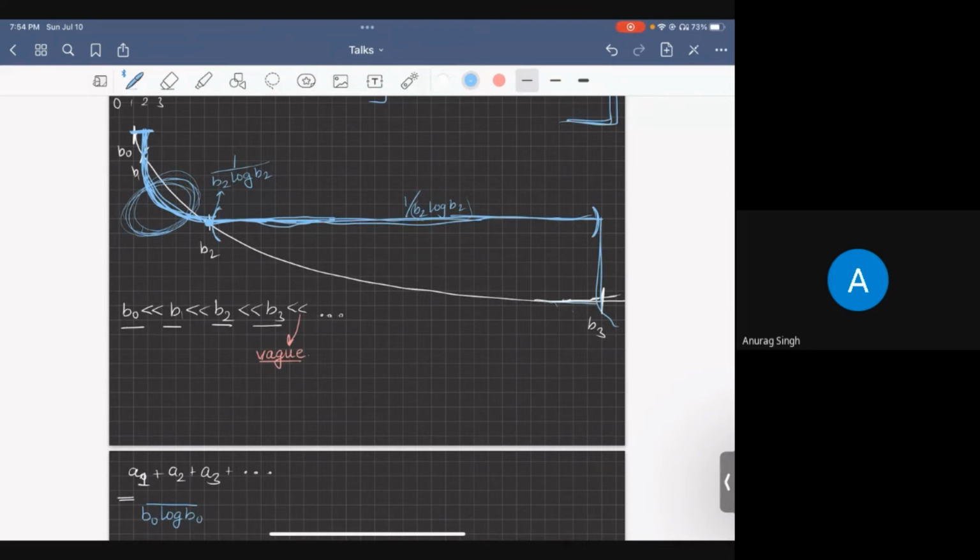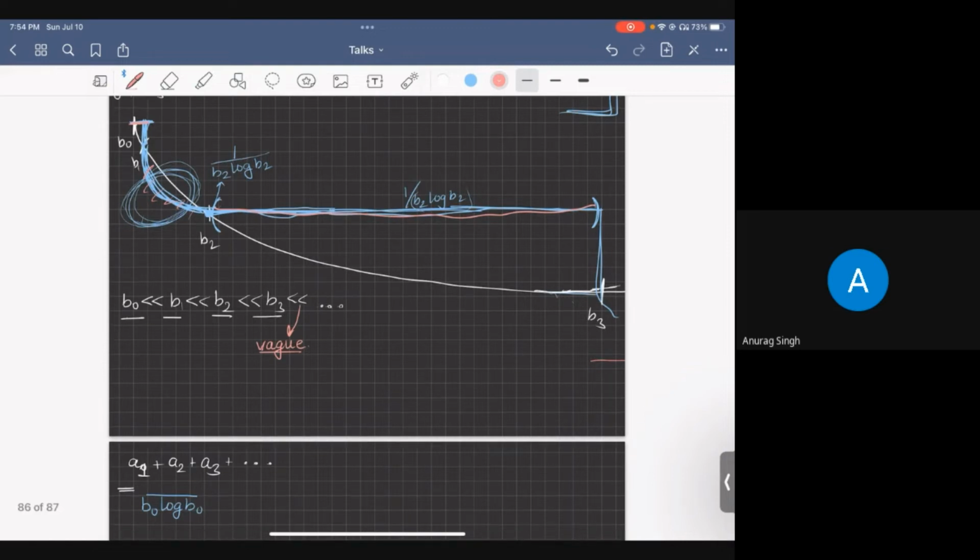If we ignore this part and just want this plus the next constant terms, etc., to add up to infinity, it suffices, and in fact is necessary, to show that this plus this and so on diverges.